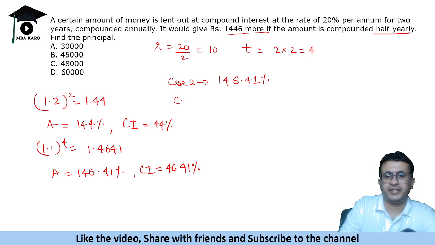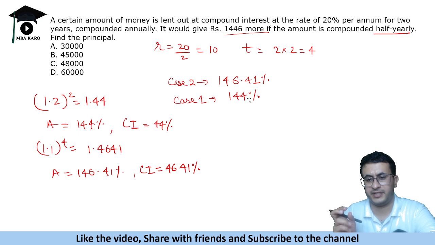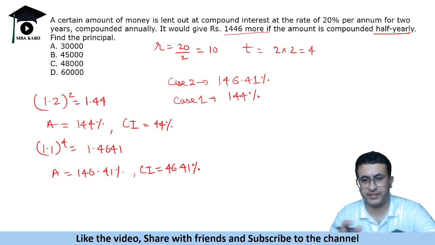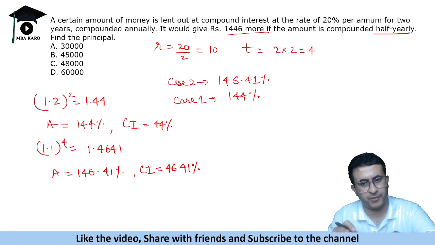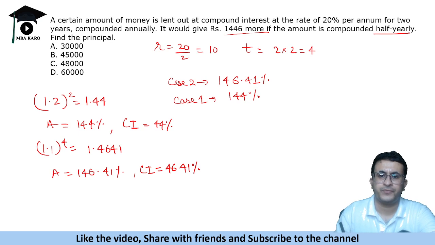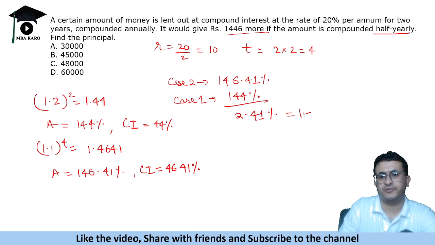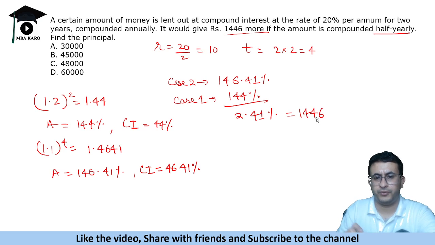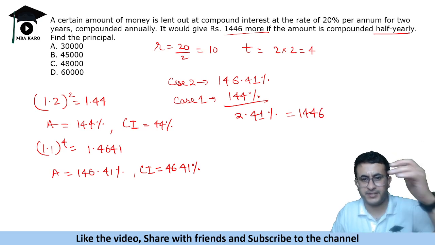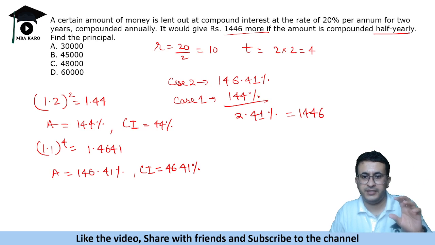And in case 1, the amount becomes 144%. ठीक है, अगर interest की भी बात करें, does not matter, the difference is given, right? So whether you take the difference of amount or the difference of compound interest, it does not matter. So the difference is how much? 2.41%.